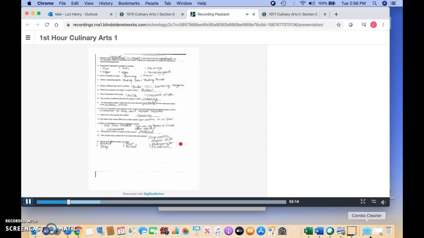It won't, because baking soda needs an acid of some type to make a chemical reaction, where baking powder just needs water. As we learn about function of ingredients next week in quick breads, baking soda, like in banana bread, for example, needs an acid like either buttermilk or sour milk to activate it.